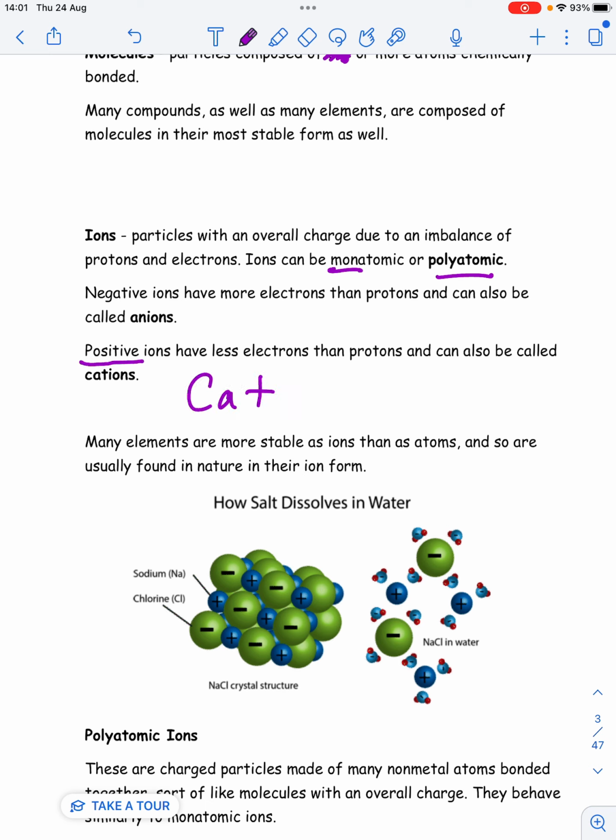You can remember that with the word cat has that T that looks just like a positive sign. So cat ions, not cations, cat ions, and then anions. You can think of onions. Maybe you have a negative connotation with onions because they're stinky. They kind of sound like that. Or you can remember a negative ion. Or if you just remember that cat is positive, then anions must be negative.